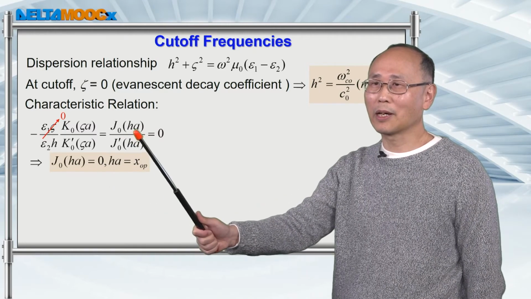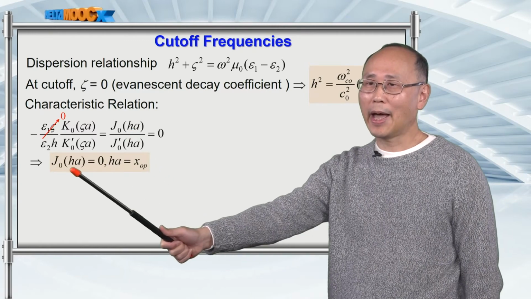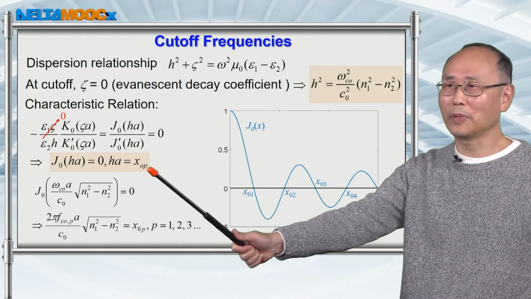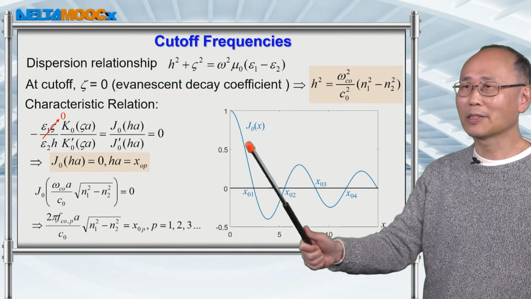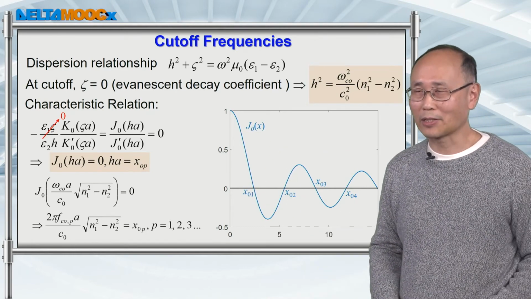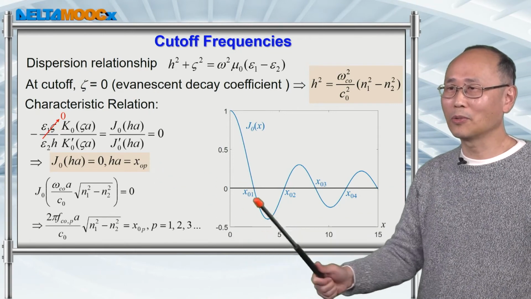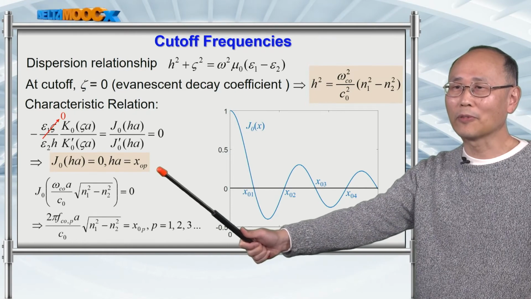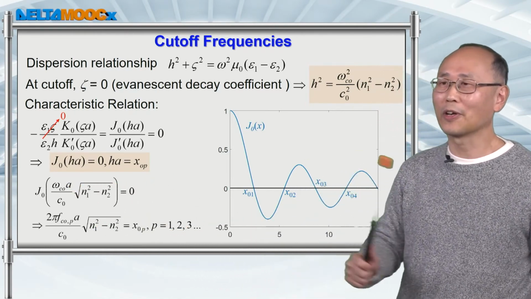So this means that the h value, the eigenvalue along the transverse direction, has to fall onto the solutions of this x_0p. If you still remember, x_0p are the zeros of J0(x). And so if you allow p to run from 1, 2, 3, 4, and so on, then you will be able to find the cutoff frequencies for the first mode, second mode, and third mode.